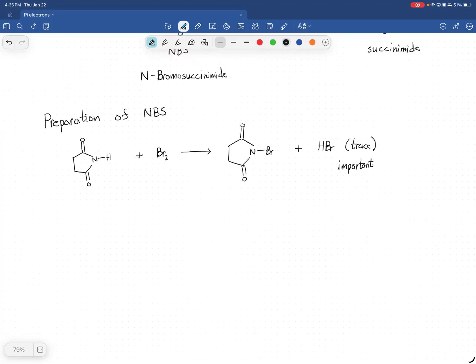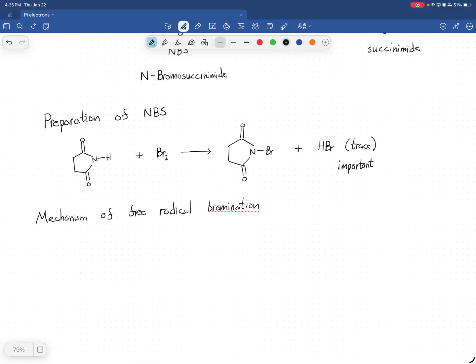All right, so let's talk about the mechanism. And after I talk about the mechanism, that'll probably be it for today. So the mechanism of free radical bromination. Remember, this is specific to allylic bromide.